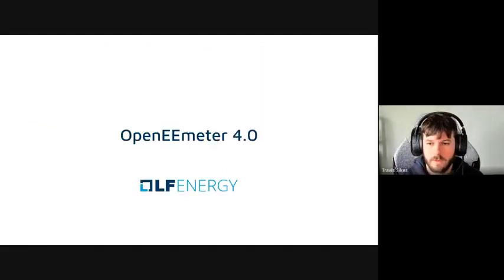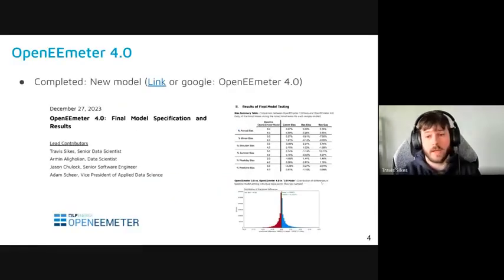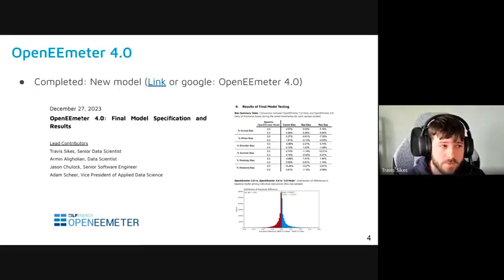So, to start off with, the OpenEEmeter 4.0, or the daily model update, as we have been calling it. First of all, as everyone knows, we have completed our model. If you are interested in the final model specification and results, shown here is the title page as well as some of the primary results.